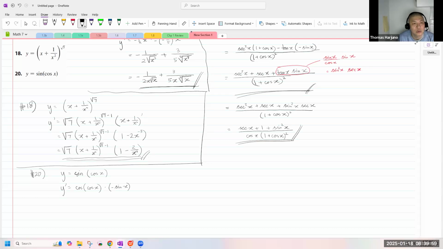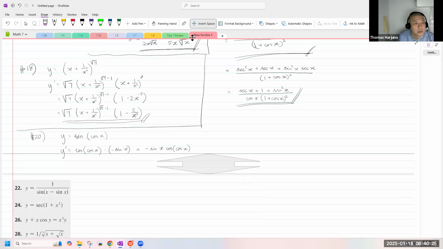It's simple enough that I do it all in one step, but of course, if you feel it's too complicated to do in one shot, like this one here, then I save it for the next step. I just rewrite it first. Okay, negative sine x times cosine of cosine x. That's for number 20.